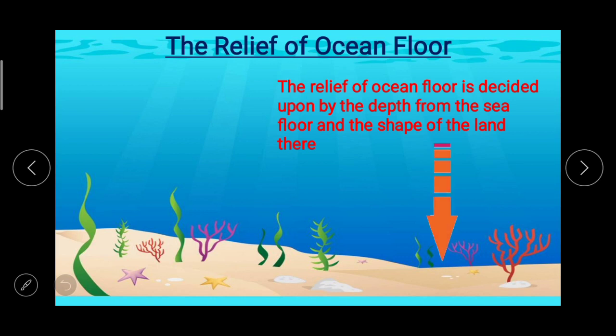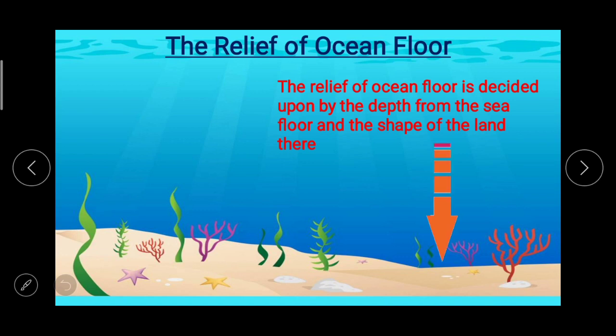The ocean floor relief consists of all submerged landforms, and the structure of the ocean floor differs from ocean to ocean. हर एक ocean में ये same नहीं है. We look at the sequence of landforms and the details of major landforms on the ocean floor. As we go away from the coast, the structure of the ocean floor changes.